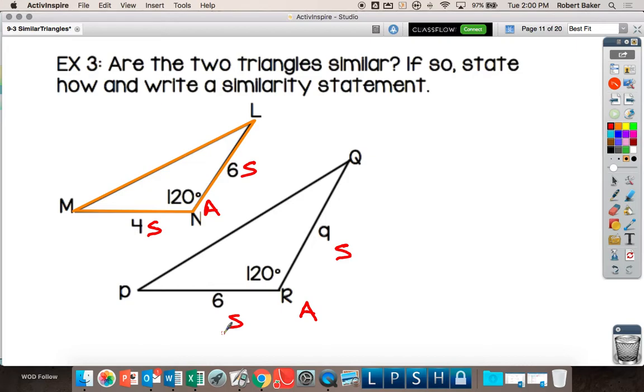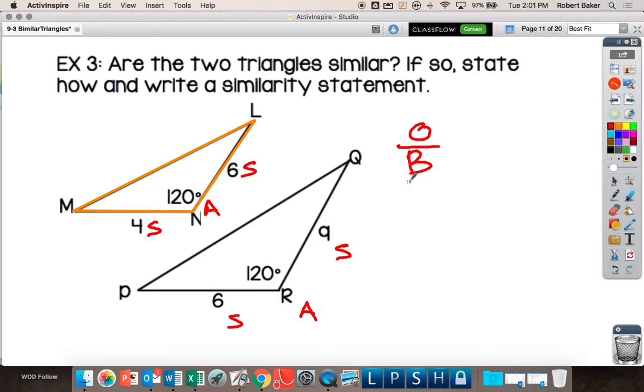Yes. Are the sides proportional? You have to decide, black over orange or orange over black. Orange over black. It's a pretty tough decision, isn't it? I'll give you guys plenty of time to make that decision. We're going to go orange over black.